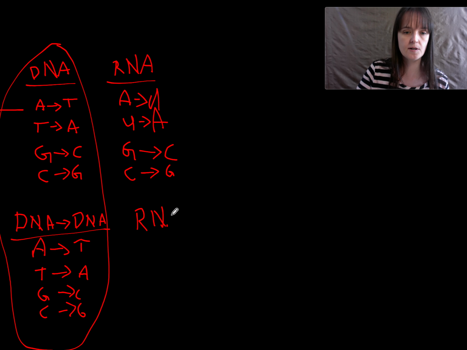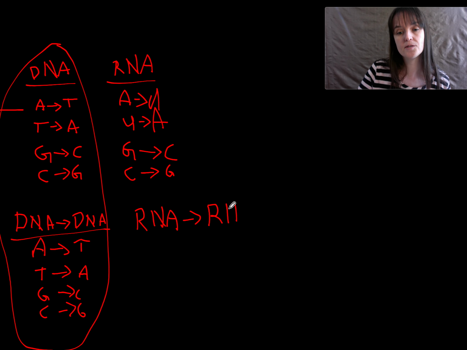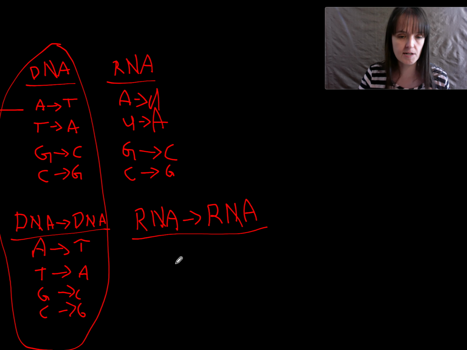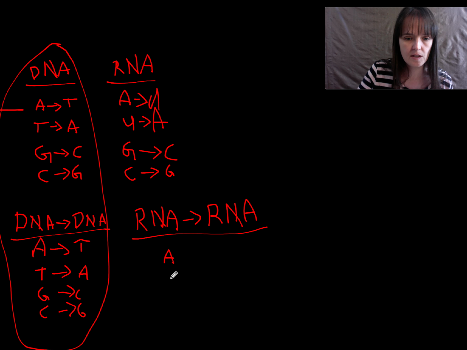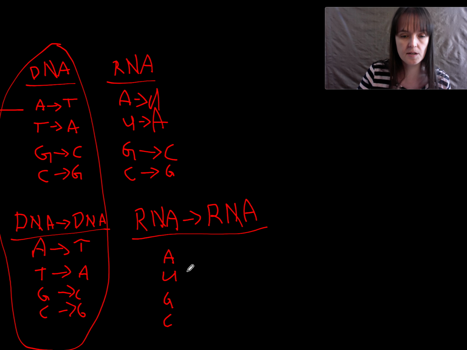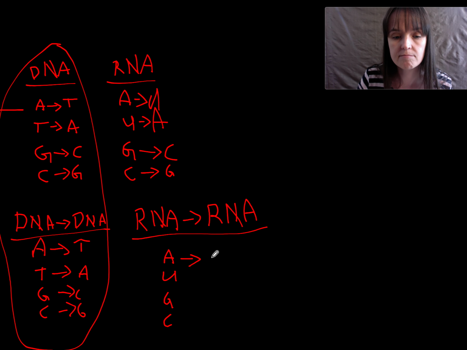We're going to RNA to RNA. So the messenger RNA binds to, well, the transfer RNA binds to messenger RNA. So if we're going from one RNA to another RNA, then we use the RNA rules. A, U, G, C. So if we have an adenine in RNA and we're making an RNA, what binds to it?